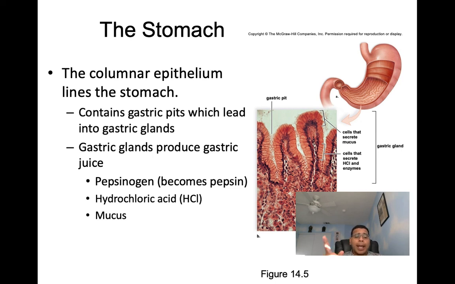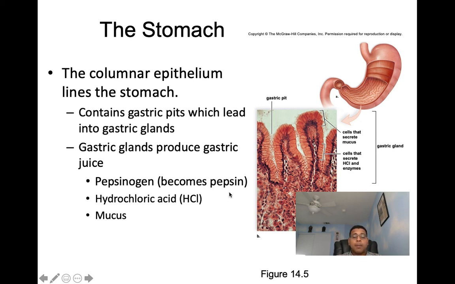And the gastric glands are going to be important because they are going to be responsible for producing gastric juice. Gastric juice is going to contain various components inside of it. Gastric juice, we'll see, is going to be very acidic. Gastric juice is going to contain pepsinogen that's going to become pepsin when it comes into contact with acid, and that's going to be able to break down proteins.